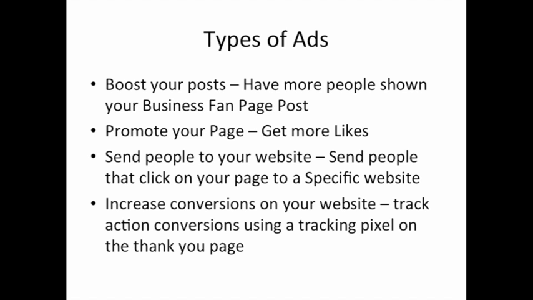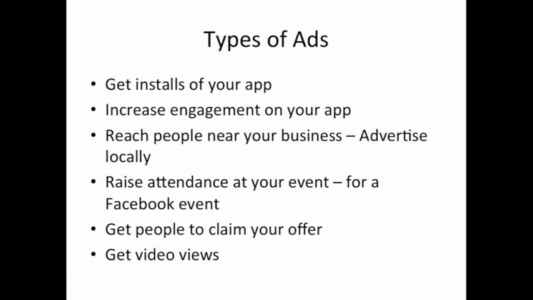You can increase conversions on your website, so you can track some sort of action that you want people to do when they reach your website. You can get installs for your smartphone app, increase engagement for your app, reach people that are near your business like local advertising, raise attendance to your Facebook event, get people to claim an offer, get views for your Facebook video.